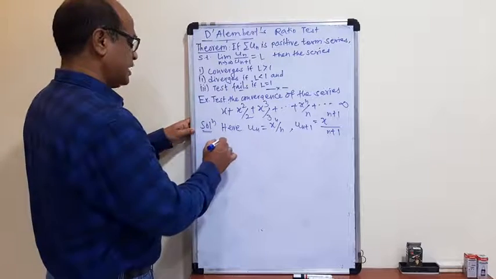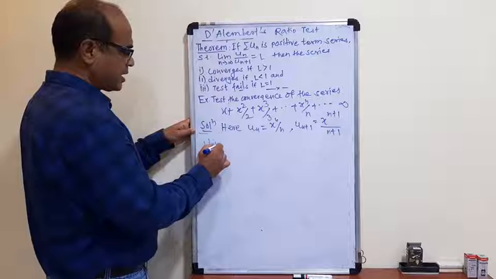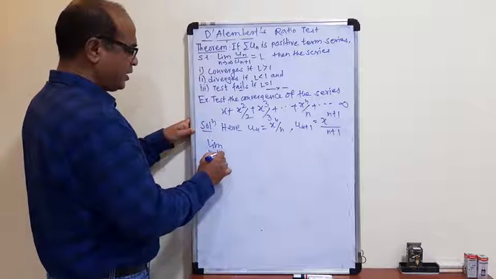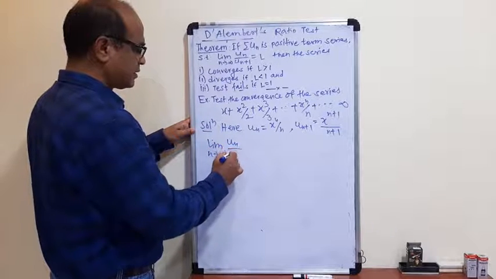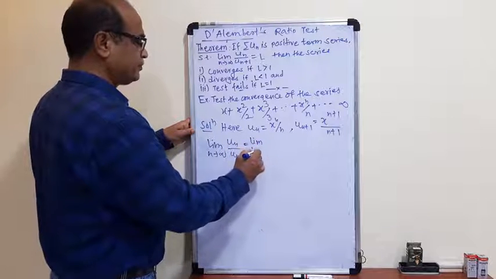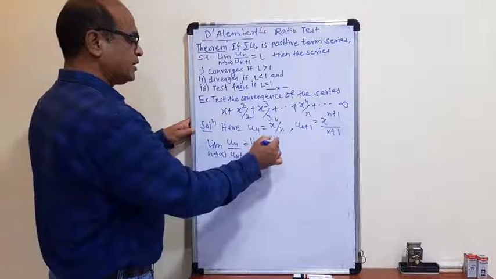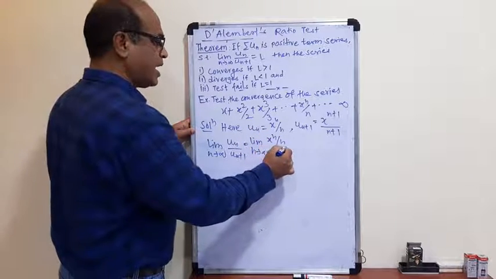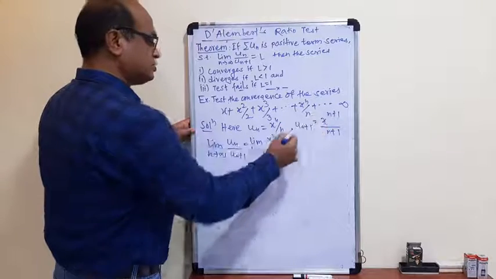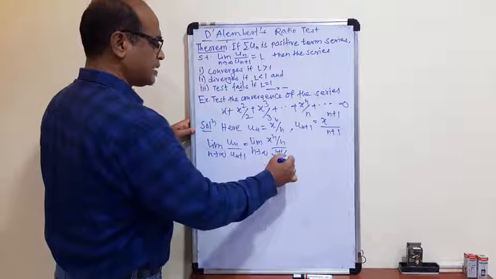So therefore, the limit of un upon un plus 1 is equal to the limit as n tends to infinity. What is un? un is x raised to n divided by n, and un plus 1 is x raised to n plus 1 divided by n plus 1.